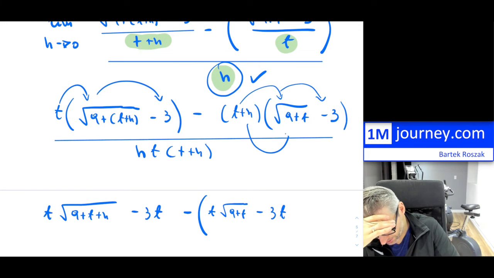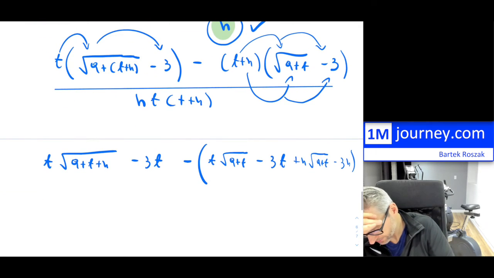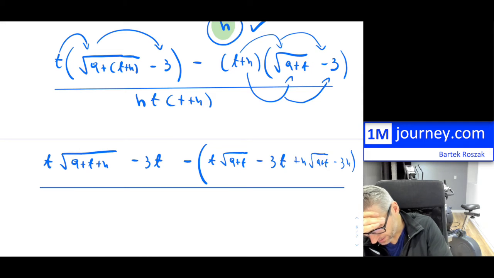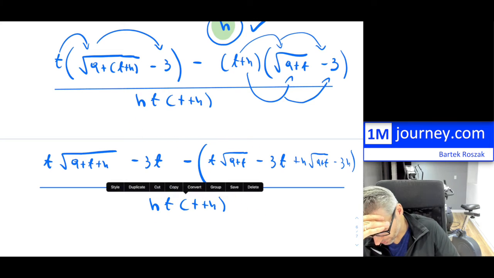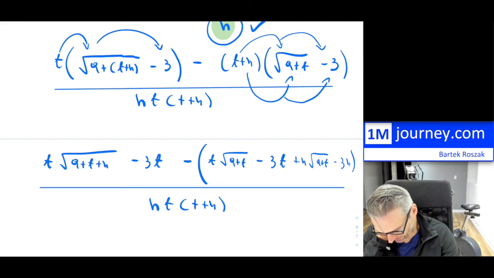Then take this h, distribute that through, so plus h times 9 plus t, and then minus 3h. That's a lot of junk. Okay, so all of this divided by all of that. We'll worry about that after we simplify. I'm sure something cancels here.